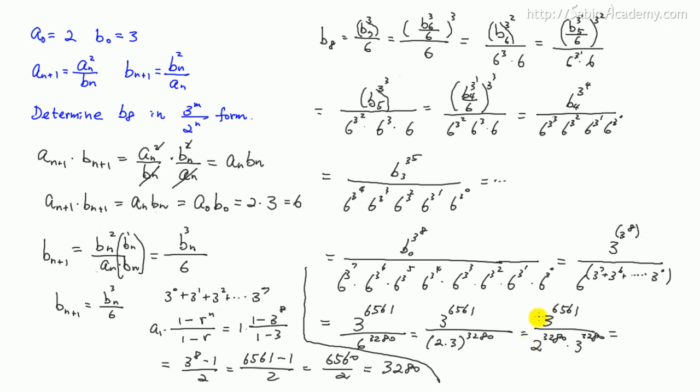These two don't mix. 2 has nobody to cancel with, so it will just stay there. It's 2 to the 3280. What about here? They have the same base, so you can subtract them. So when you subtract this number, you get 3 to the 3281. And this is the answer.